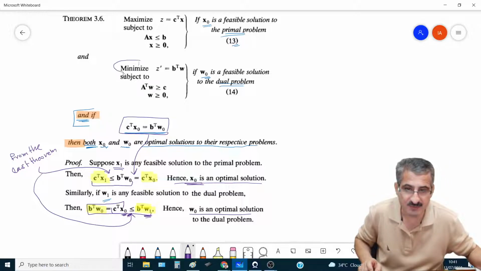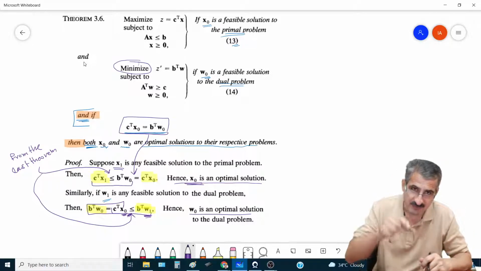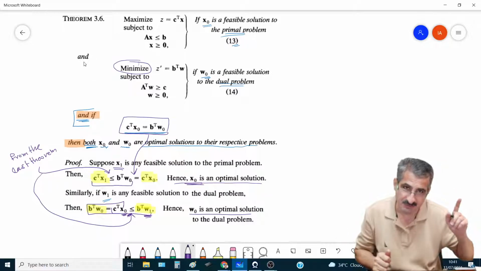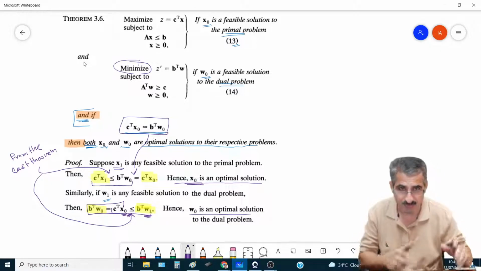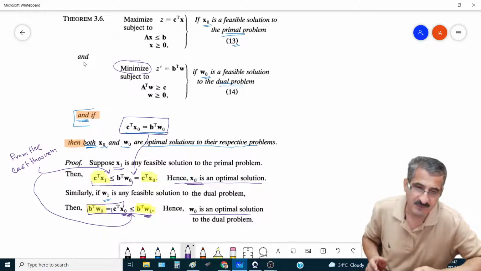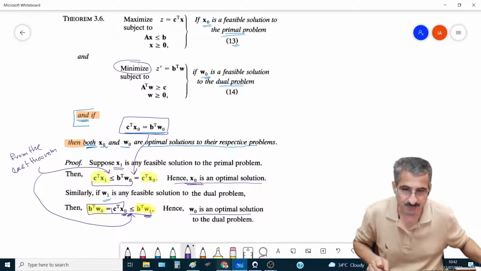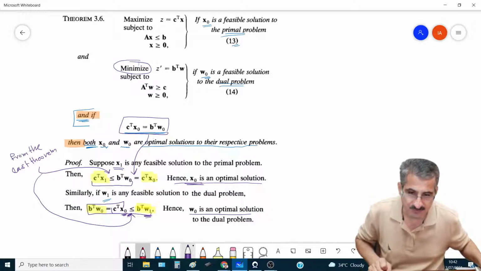Remember that the dual here required minimization. So the objective value at w naught is smaller than the objective value at w1. So optimality here means the least value, right? Okay, good.